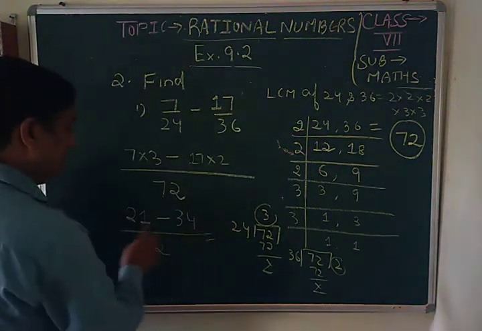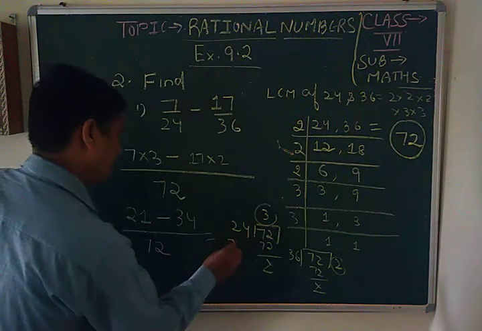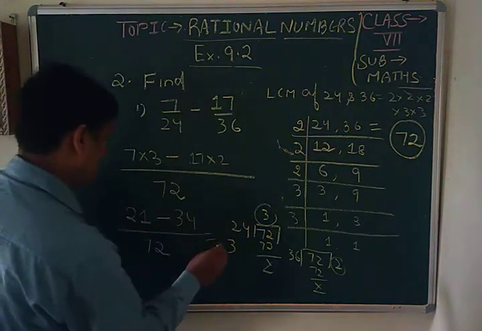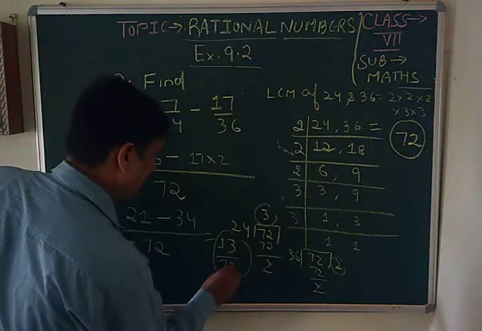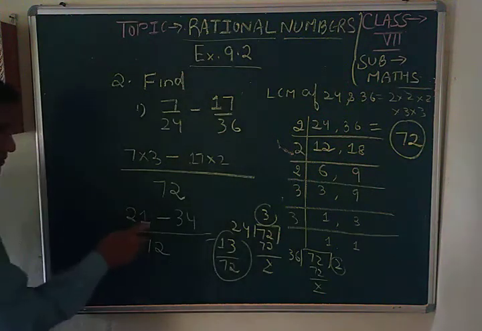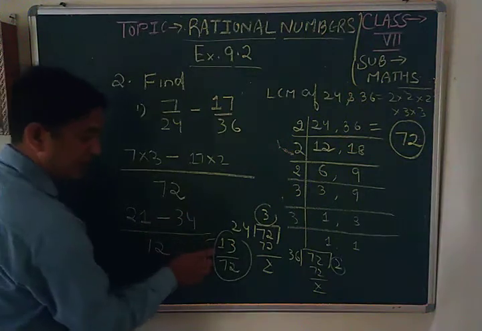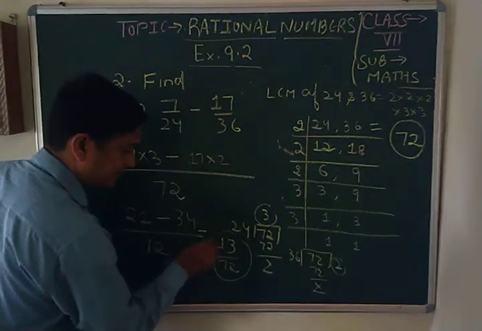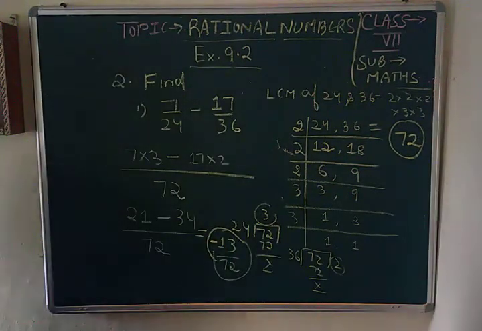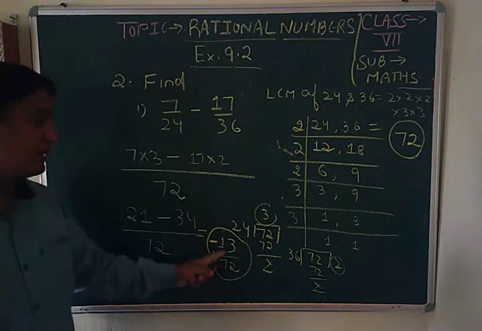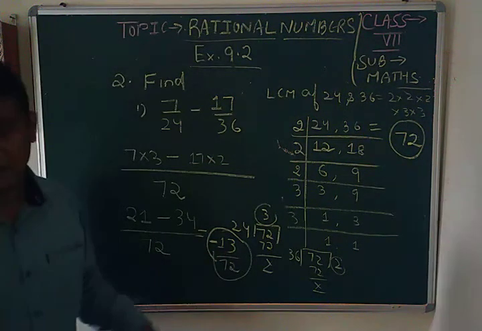Now if we subtract 21 from this 34, we get 13. 13 upon 72. And look children, this 34 has a negative sign. This is the bigger integer, so the sign carries negative. Minus 13 upon 72. And both are not divisible, so keep this minus 13 upon 72 as your answer.